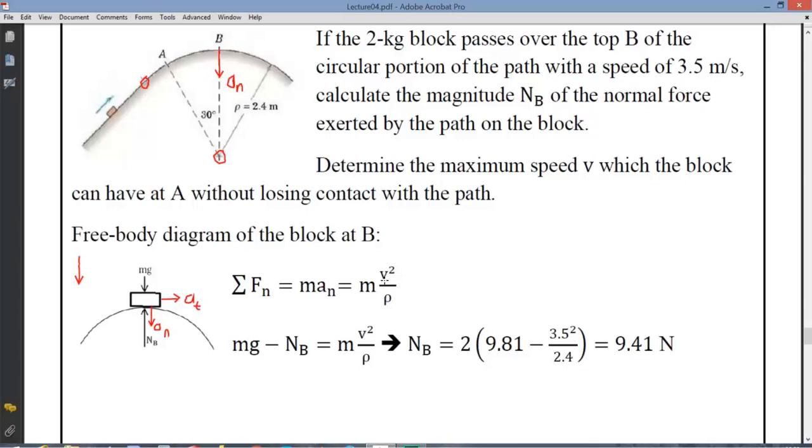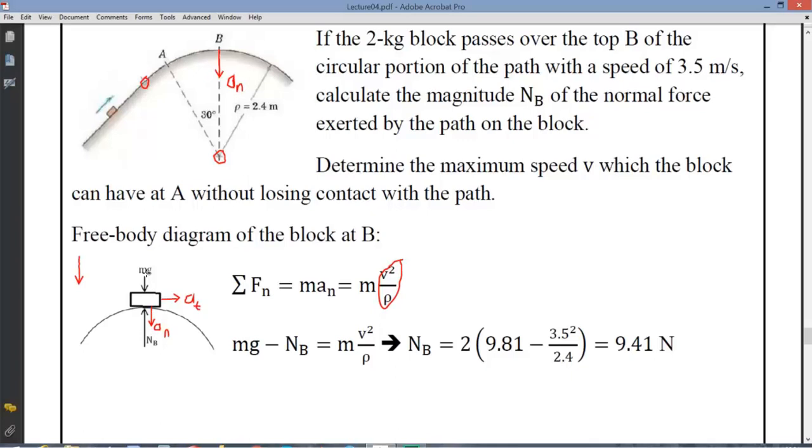As we have the information about the velocity and the radius of curvature, this is the version that we use, v squared over rho, or you could use rho beta dot squared. Beta dot would be the angular velocity at that instant. As the velocity is already available to us and then the radius of curvature is available to us, we can easily use this version.